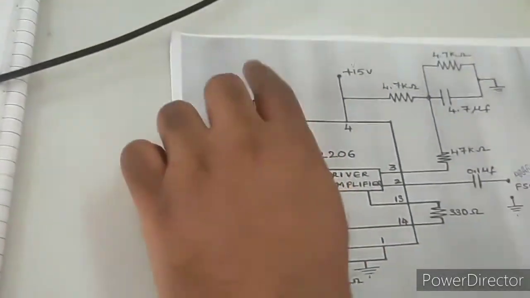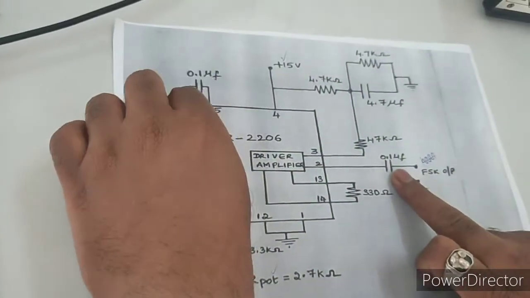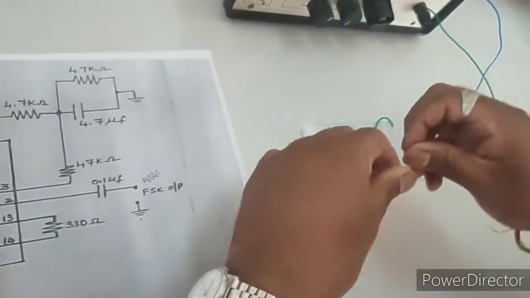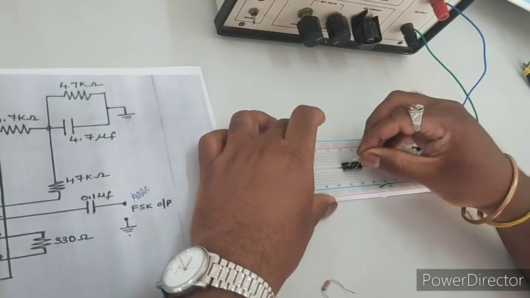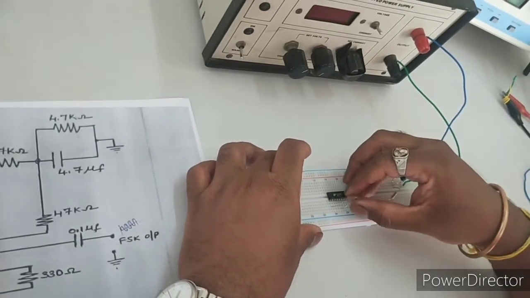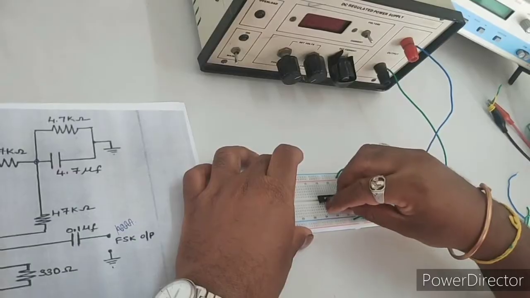And coming to the other parts, capacitors: pin number 1 2 3 4 5, 5 to 6 there is a capacitor.